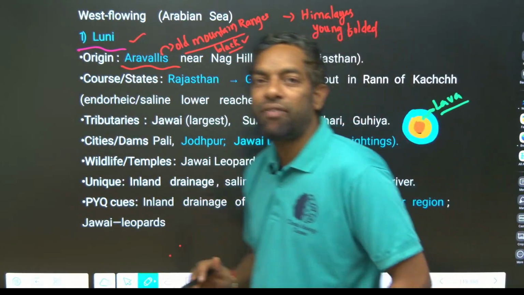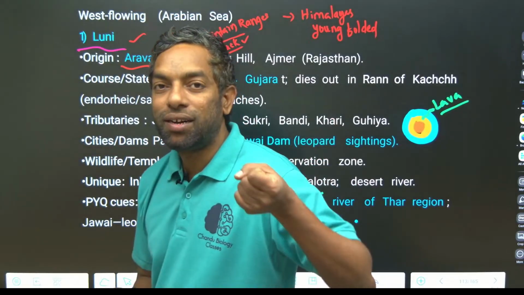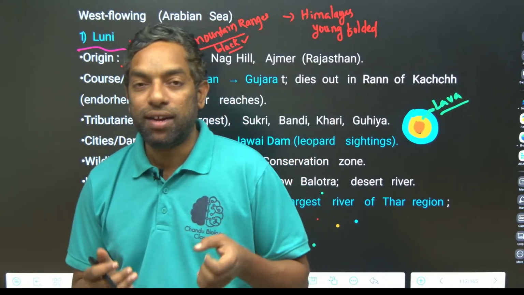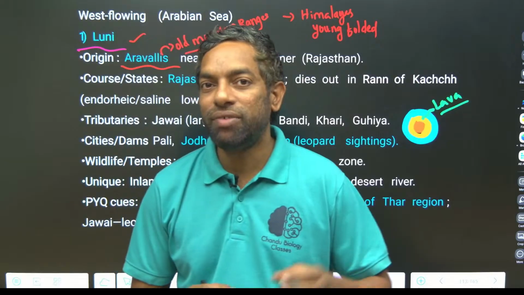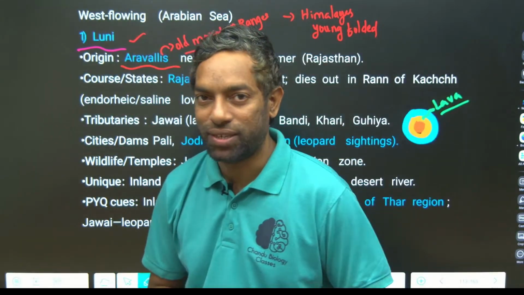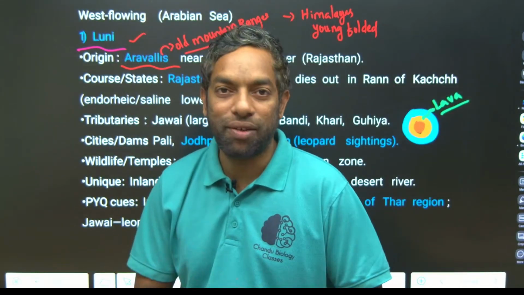This is the lava, a very high temperature molten material which enters the earth's surface.